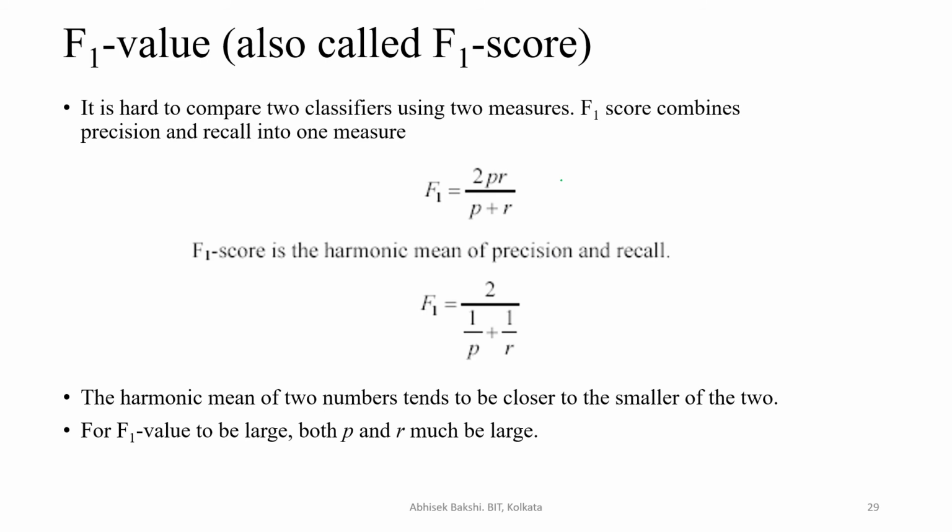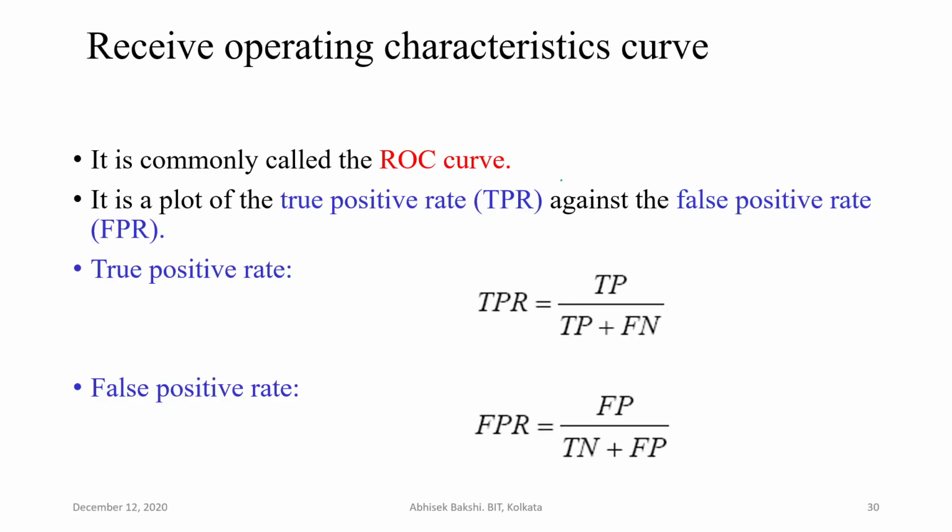Okay, and one more point is the receiver operating characteristic curve. This receiver operating characteristic curve is a very important measure for claiming that your model is correct, which basically calculates between the true positive rate and the false positive rate. So the true positive rate means true positive divided by true positive plus false negative.